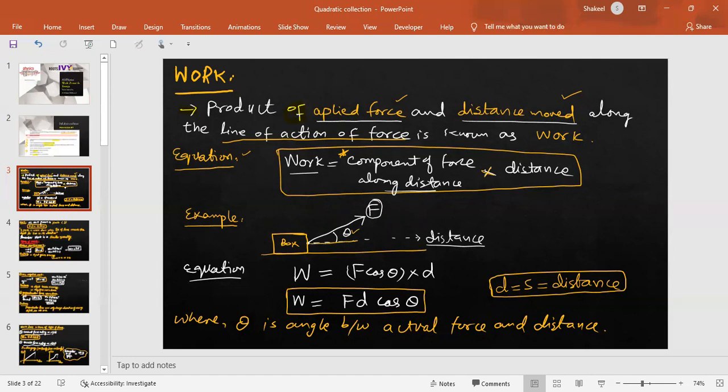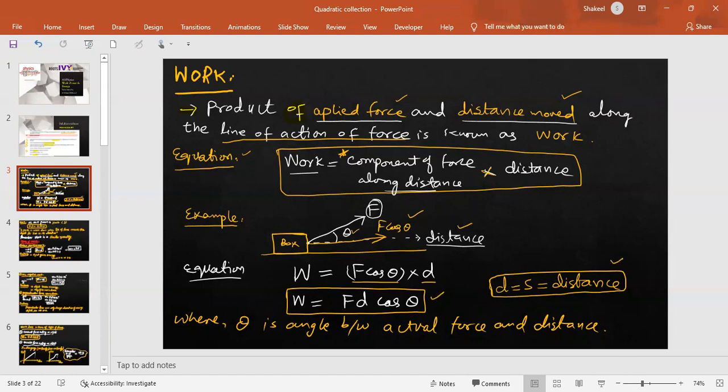So for that, we have to resolve this force. And you know that the component adjacent to theta is cosine. So this is F cos theta, which is along the direction of the distance. That's why we say work equals F cos theta times D. So work equals F D cos theta, where D or S is the distance.